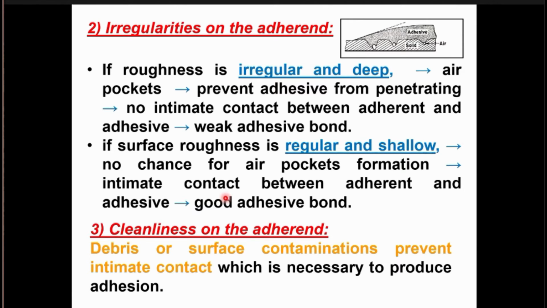Also, irregular deep grooves can trap air bubbles, which can weaken the adhesion. So we can accept some irregularities from the surface, but there should not be gross irregularities, and there should be good approximation of the two surfaces to get a good bond.